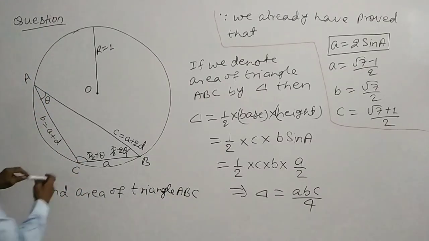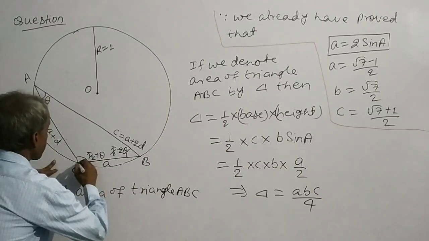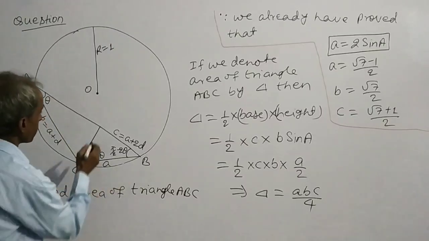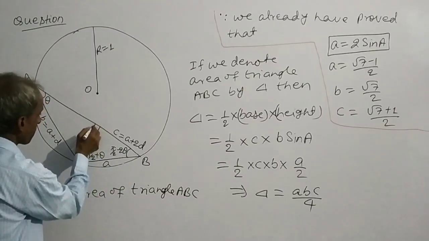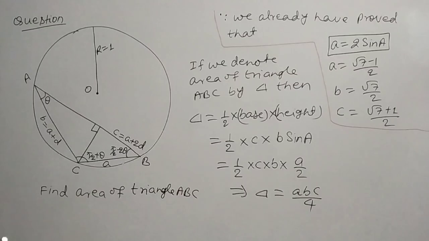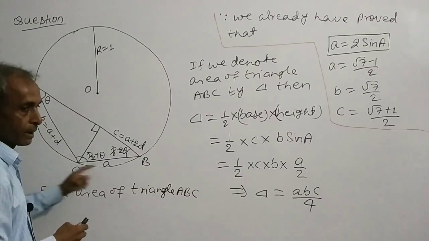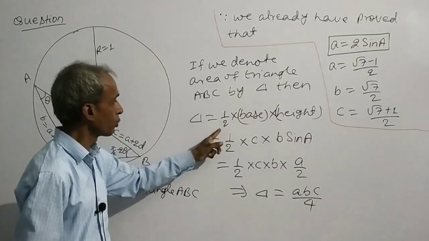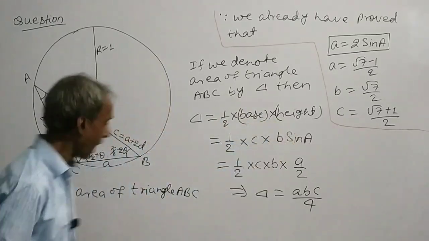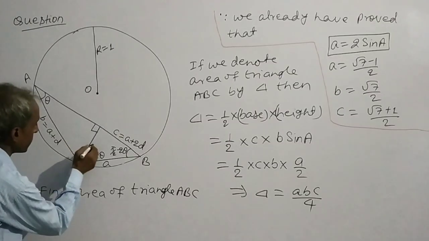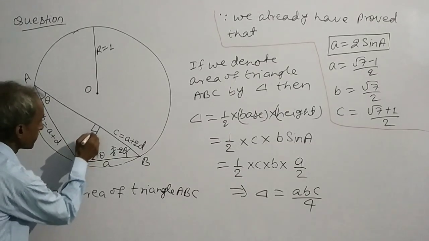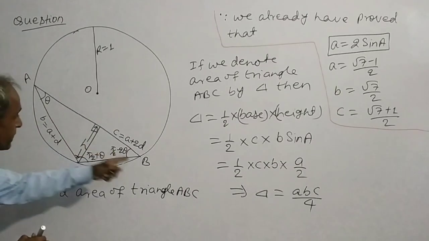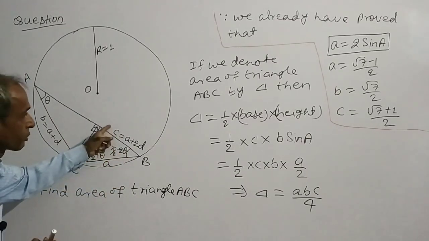We draw a perpendicular from point C to this AB. This is the perpendicular. Then the area of triangle ABC, denoted by delta, will be equal to 1 by 2 times base times height. Suppose this is the height. Then the base is AB and AB is equal to c.